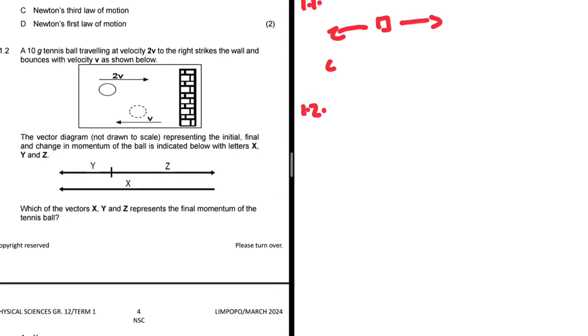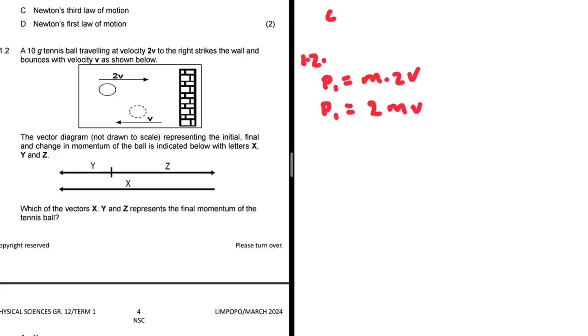So it's the vector diagram showing the initial, final and changing momentum. So what is the initial momentum, right? As the object is moving towards the wall, it is mass multiplied by the velocity. Let's put m in place of the mass, and then for velocity, let's substitute 2v. So the initial momentum is equal to 2mv.